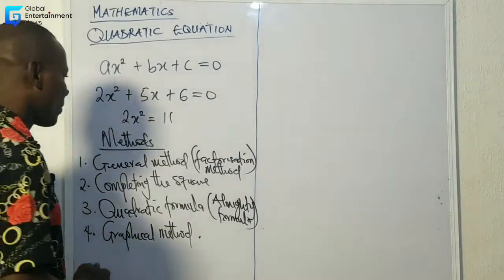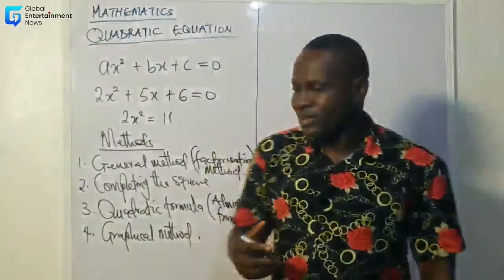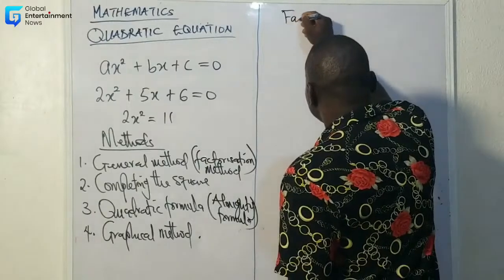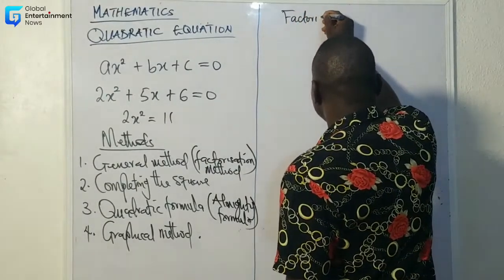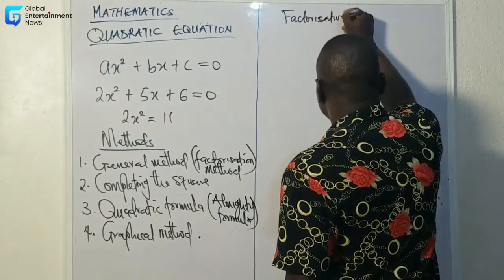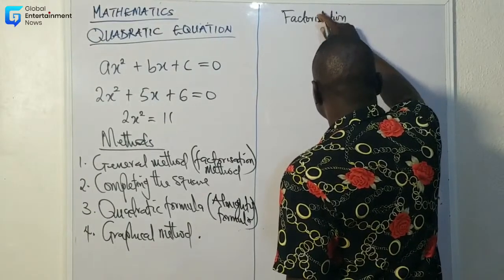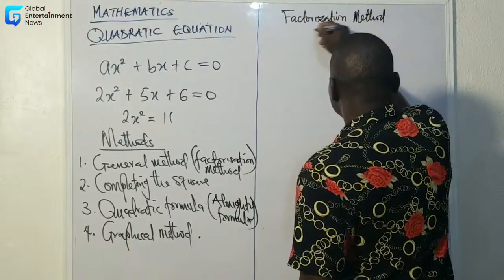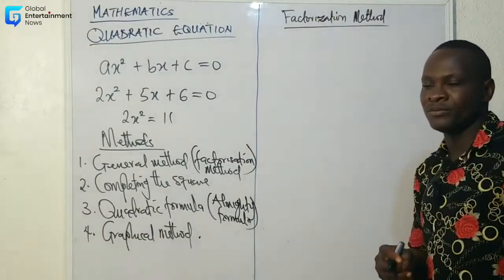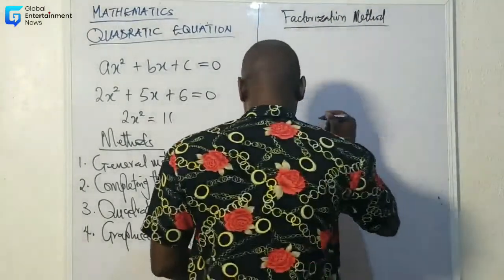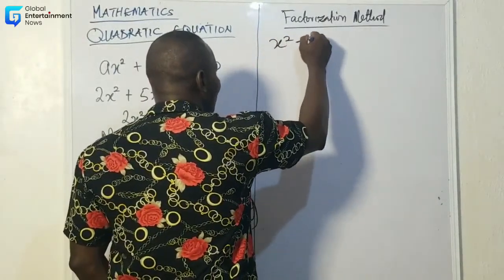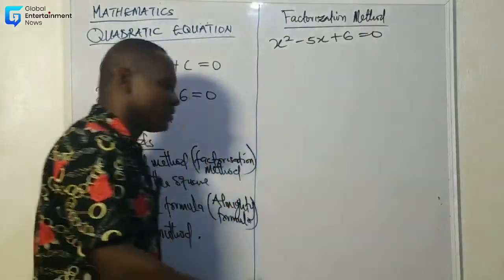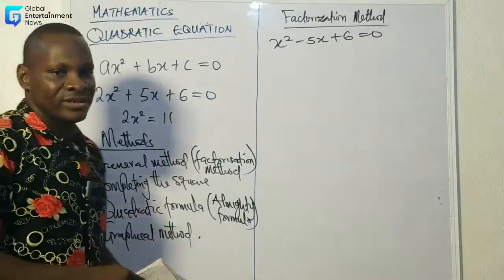All right. Now today, we'll be talking about the factorization method. For example, assuming you are given x squared minus 5x plus 6 is equal to 0, how do we solve this?